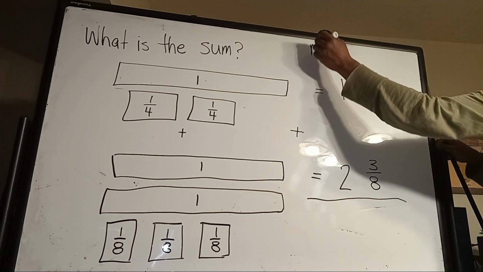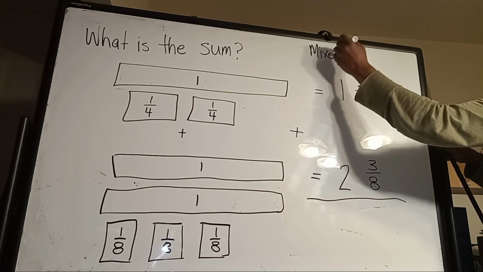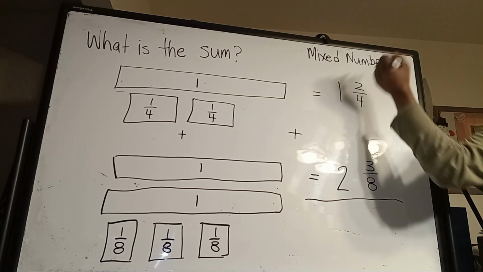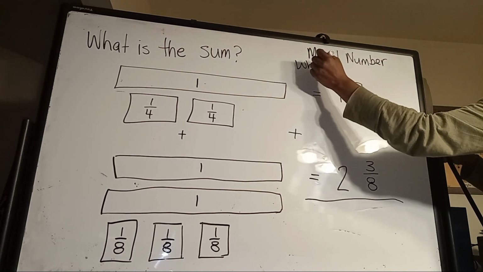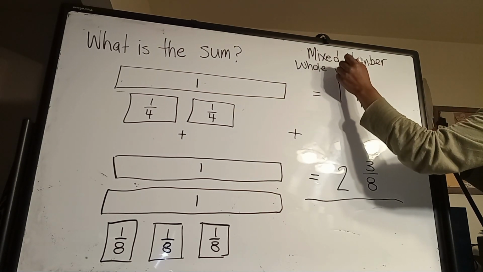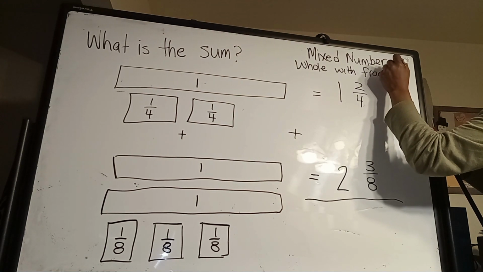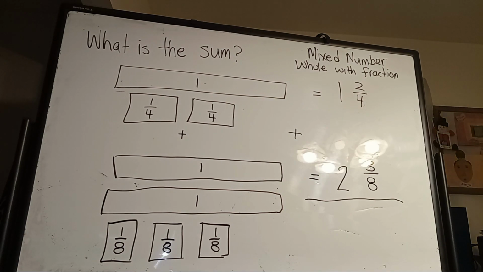Just go ahead and write that here. And we have our whole numbers here and our fractions here. So when we have these type of problems, we deal with the fraction side first.